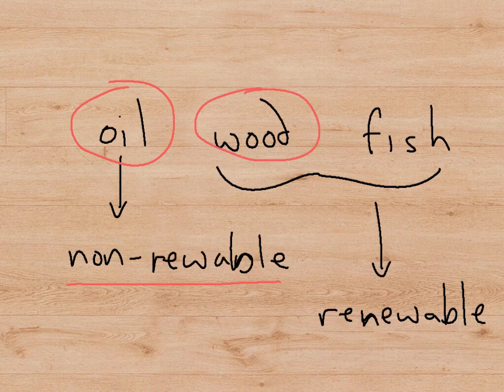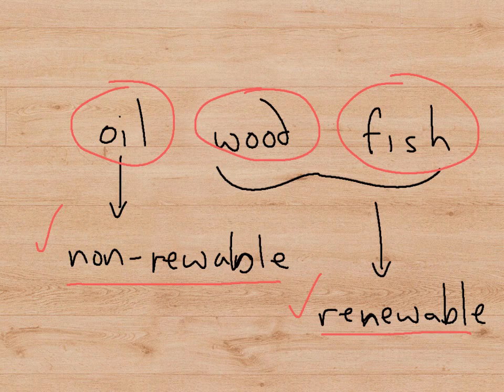So that will run out, and once it's gone, it's gone. Whereas other things, such as wood and sources of food like fish, are what we call renewable. And this means that they can regenerate themselves, we can grow more trees, and we can allow fish to breed. So we have two types of resources in the world, non-renewable and renewable. And we have to make the distinction between these two types of resources.